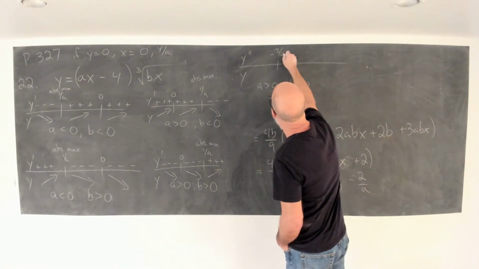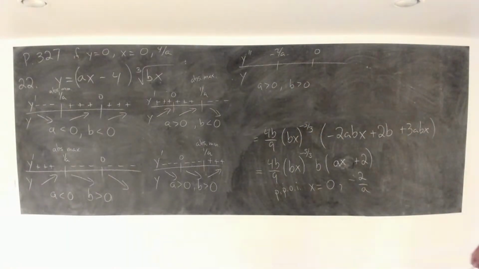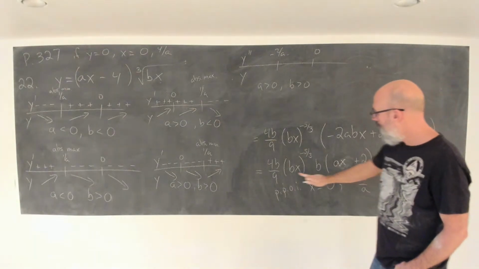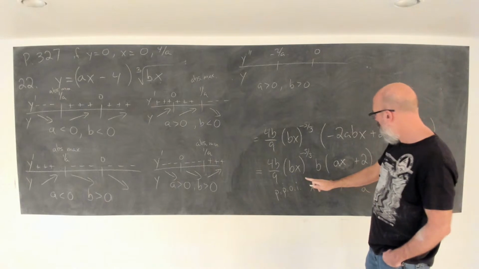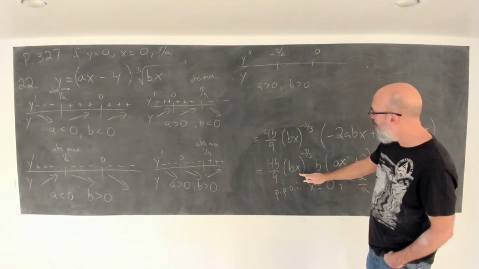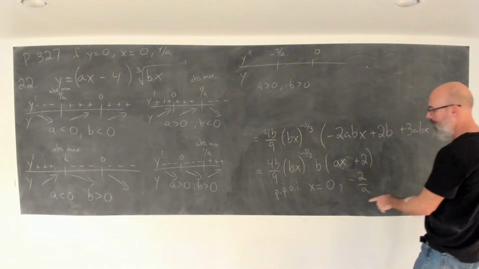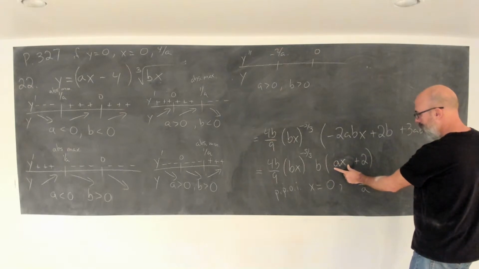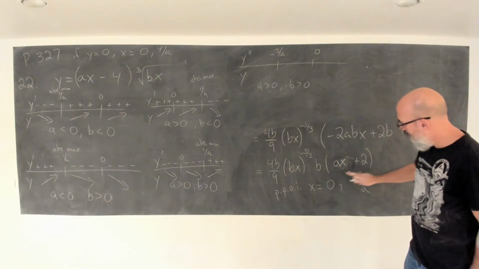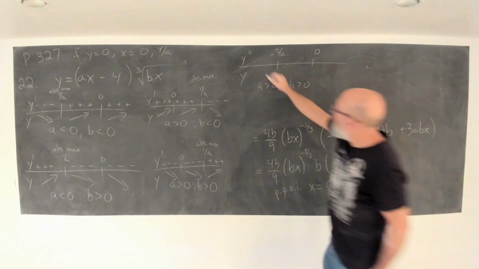So minus 2 over A, 0. And if B is positive, all of these things are positive. If you take a large negative number for X, this is going to be negative. And A is positive, so a large negative number will make this a large negative number. So negative, negative, negative, and everything else is positive.